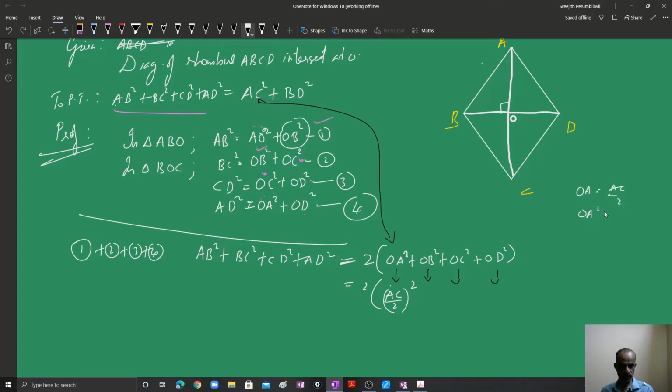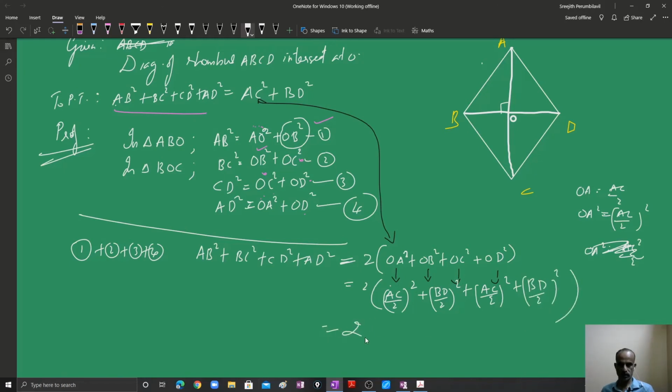Therefore, OA square is equal to AC by 2 whole square. Whenever we come across this in the answer sheet, many people are seen writing OA square is equal to AC square by 2. No, it will become AC square by 4. Be careful. Plus OB, OB is BD by 2 whole square, plus OC, again AC by 2 whole square, plus BD by 2 whole square.